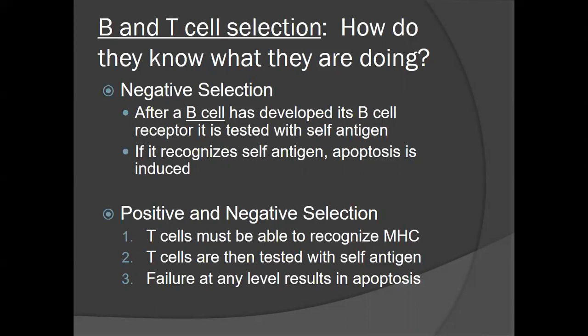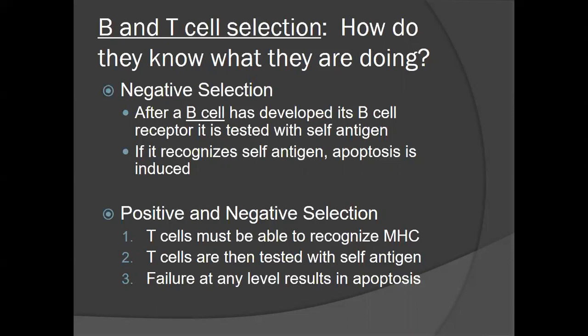If that T cell receptor can't recognize that MHC receptor, that's a problem, because T cells can't bind free-floating antigen. So if they can't recognize the receptor that's presenting the antigen to them, we want them out of the system. We get rid of them. We then, like the B cell, go into this idea of negative selection. Okay, good. You can recognize the MHC receptor.